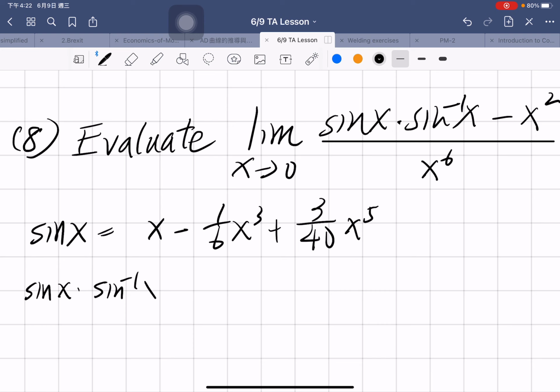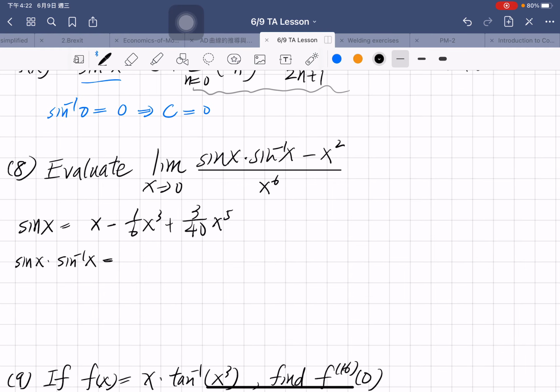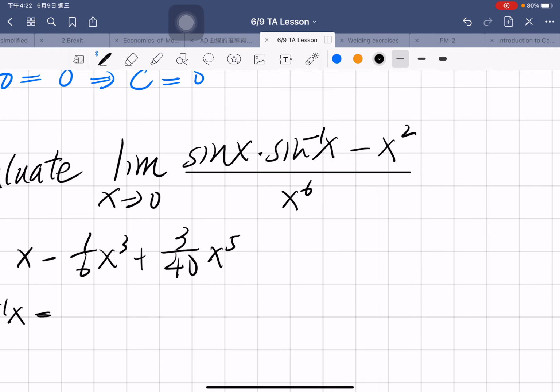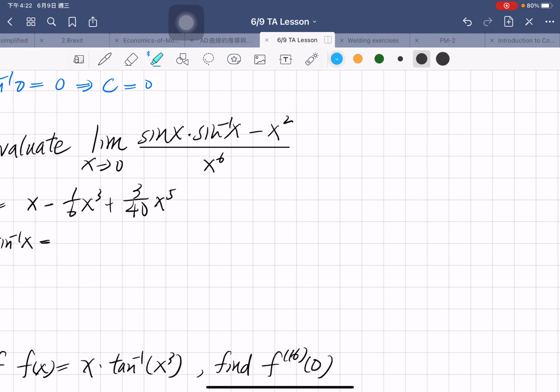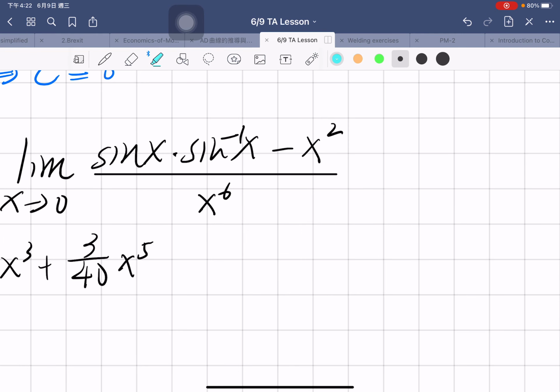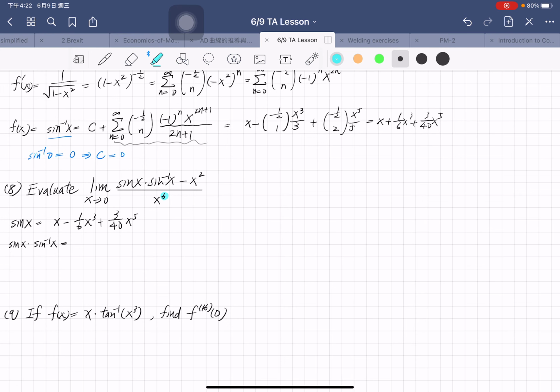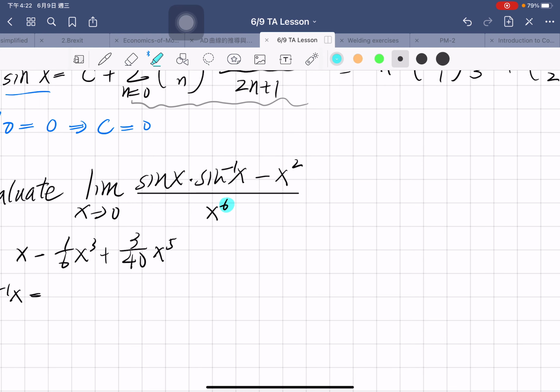So when we subtract our sine and arcsine, you can multiply it yourself. Because in this situation, we want the limit with x with the 6th power, right? So what we care about is the terms with power equal to 6 or smaller than 6, right?